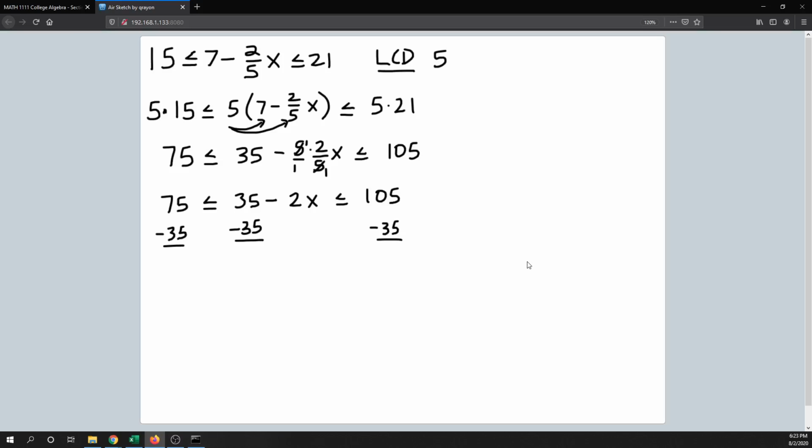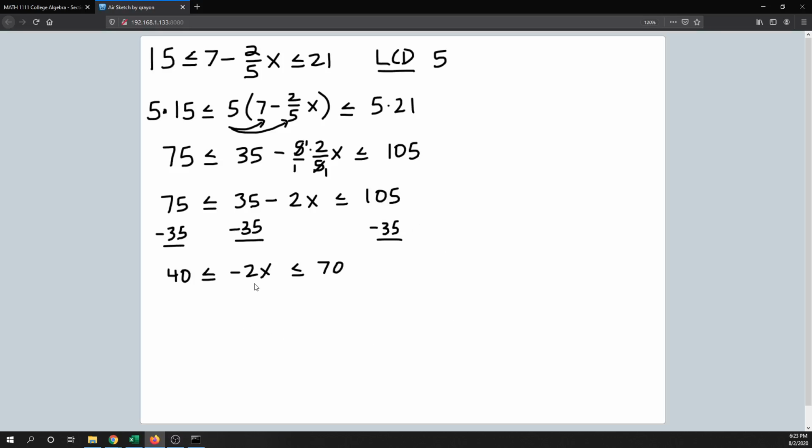All right, so over on the left side, I have 75 minus 35. That's going to be 40. In the middle, 35 minus 35 is 0, and then I still have minus 2x. And then 105 minus 35 is going to be 70.